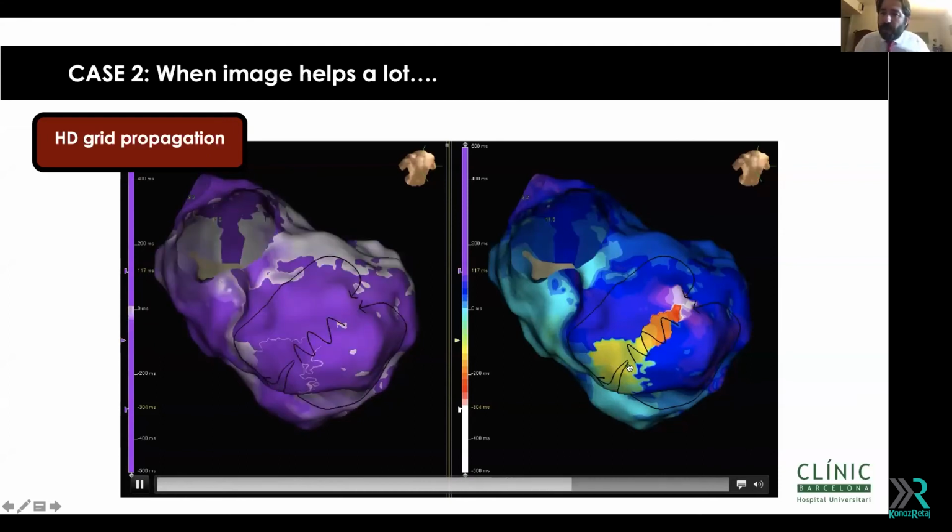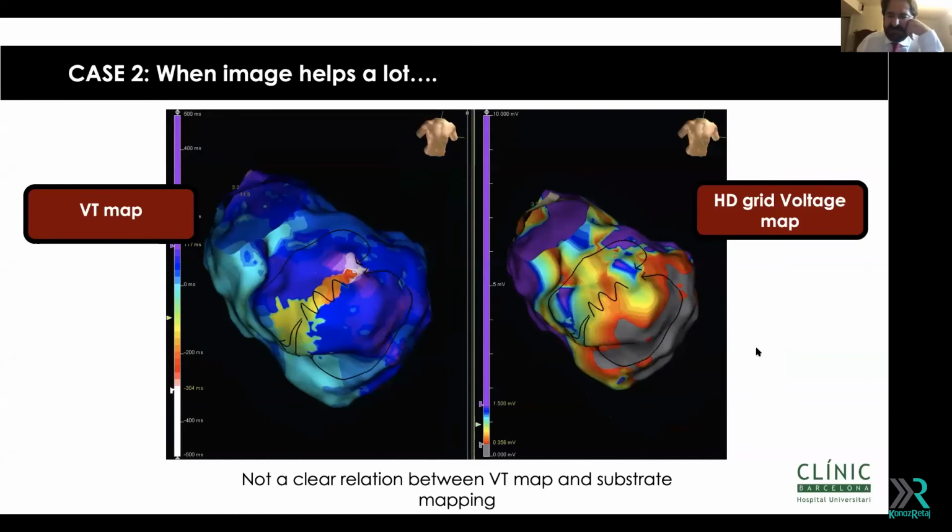But if you see the voltage map of this patient, it's nothing understandable. So it's a scar here. VT was going around here, but what was going on here in the substrate? I mean, okay, I will agree with you, but if you ablate here, you will get rid of the VT. But you will be ablating just by activation mapping, without knowing exactly what the substrate is.